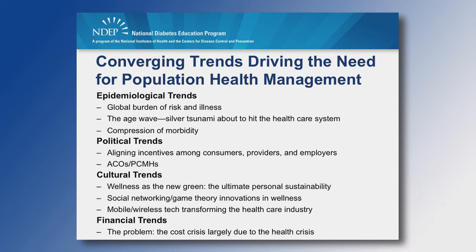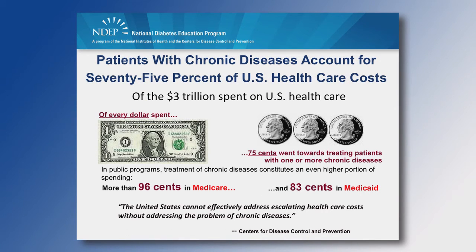What about the financial trends? Well, the problem we all are aware of is the cost crisis, but for the most part, it is caused by the health crisis in our society. 75% of U.S. healthcare costs, of the over $3 trillion now spent in healthcare annually, is related to chronic diseases.